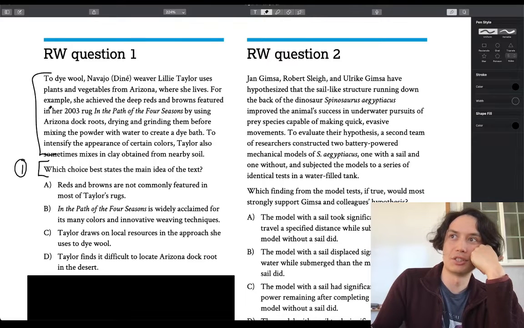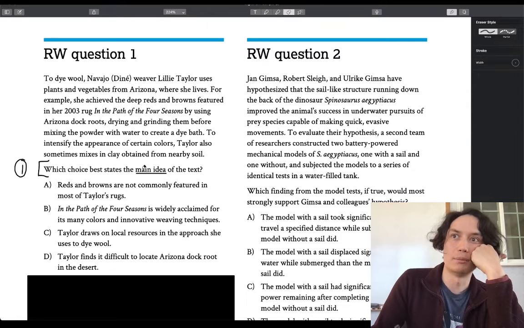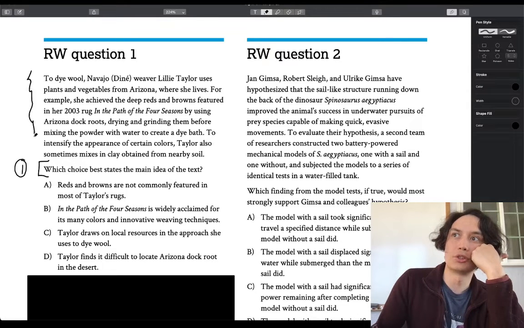And the way that we approach this is very different if it's a main idea question, like this one: which choice states the main idea of the text? We're going to read it, but we're going to read it trying to figure out what the main idea is the whole time, rather than reading through it trying to understand it, then asking ourselves what the main idea is, and then going back and trying to figure it out.